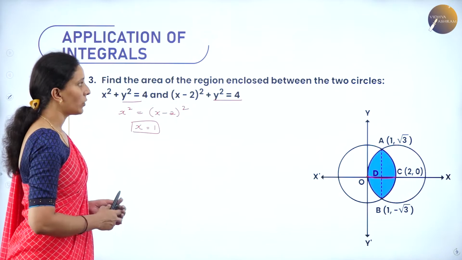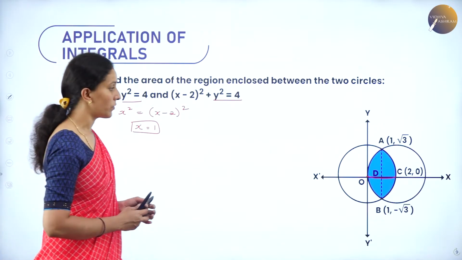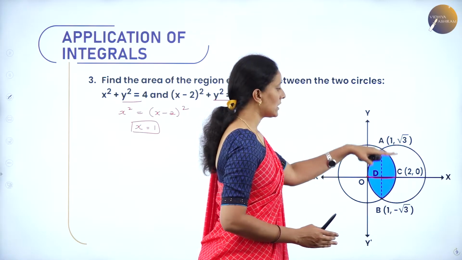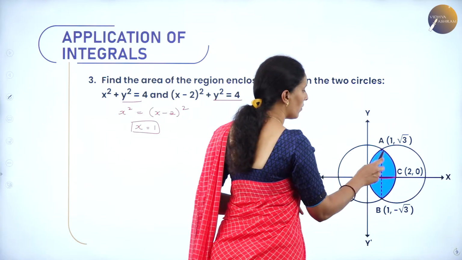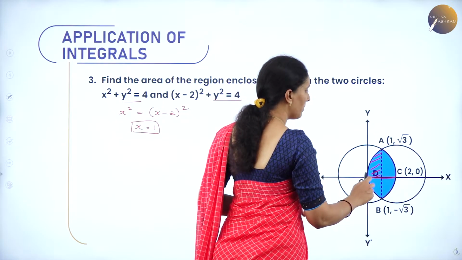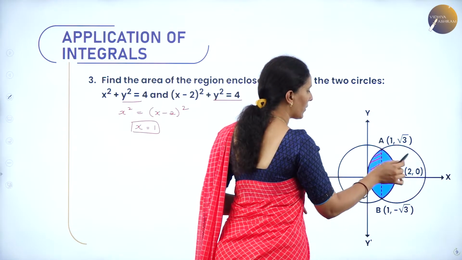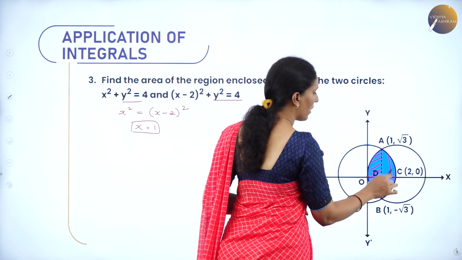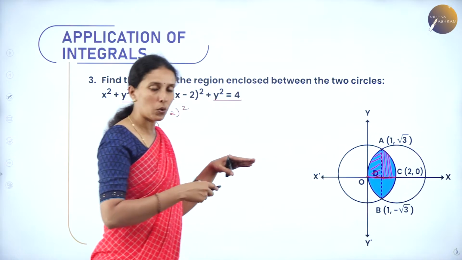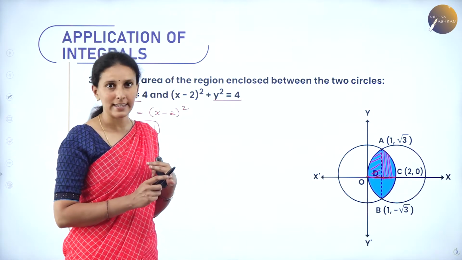Now we need to find out the area enclosed by the two curves. So here first I will take only the upside, that is the positive y side. If you calculate the area from 0 to 1, then you can calculate the area from 1 to 2. Then double it, so you will get the total area below the x-axis also.